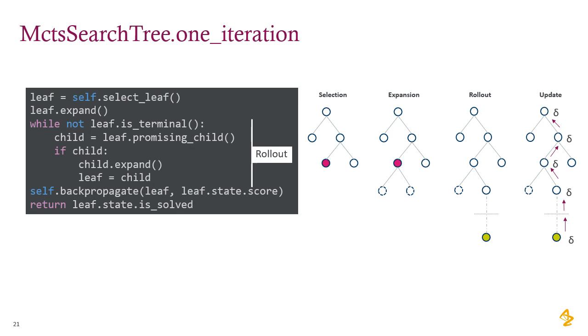So as I just showed, the AiZynthFinder class is calling the one iteration method of the search tree class, and this performs one iteration of the search. And just to remind you what a Monte Carlo search tree looks like, we have a selection phase, an expansion phase, a rollout phase, and an update phase.